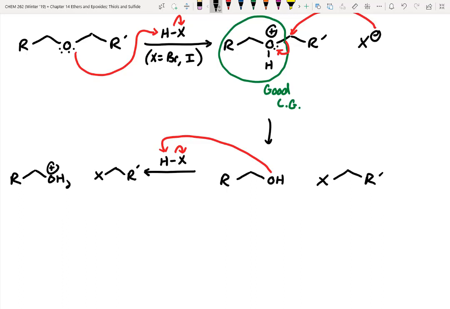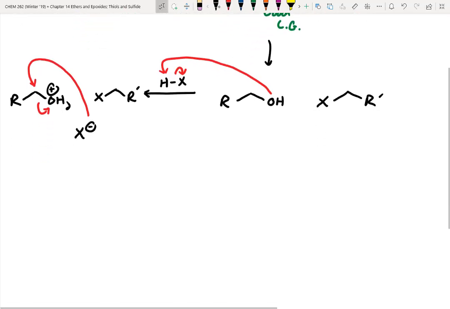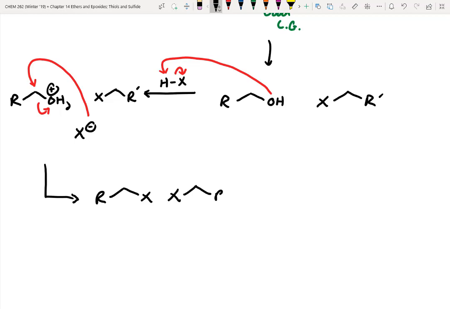Your other half is still floating around. And just like before, our counter anion, or our conjugate base, is floating around as X minus. And just like before, this can act as a nucleophile and do SN2 chemistry, kick off that leaving group. And we've essentially cleaved it into two separate pieces, each of which are alkyl halides. And then our byproduct for this reaction is going to be water.